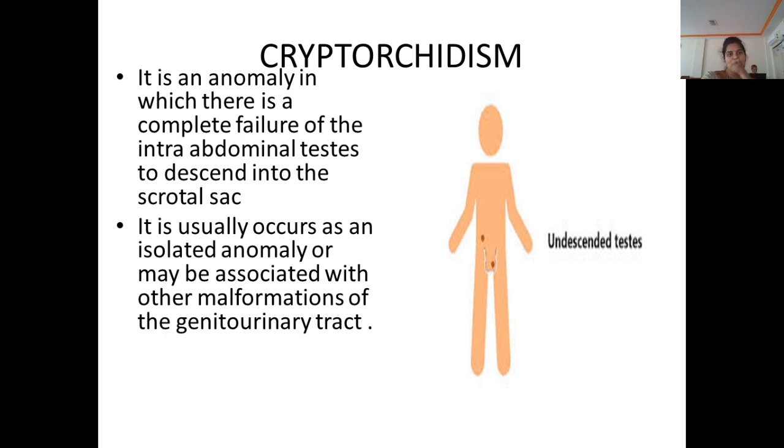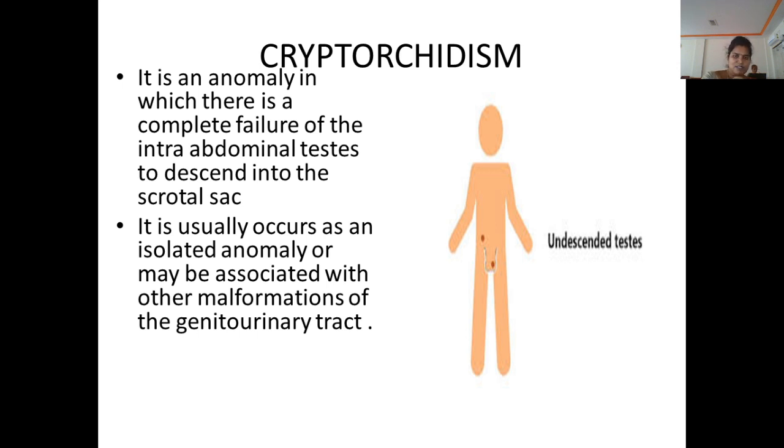But in some people this fails. When this fails, it is called an undescended testis. So it is cryptorchidism, an anomaly where there is a complete failure of the intra-abdominal testis to descend into the scrotal sacs. That will be the general process.